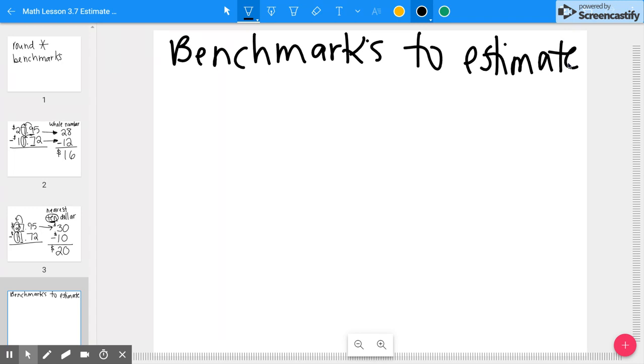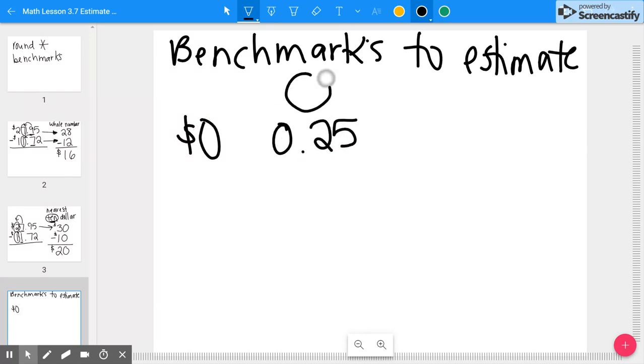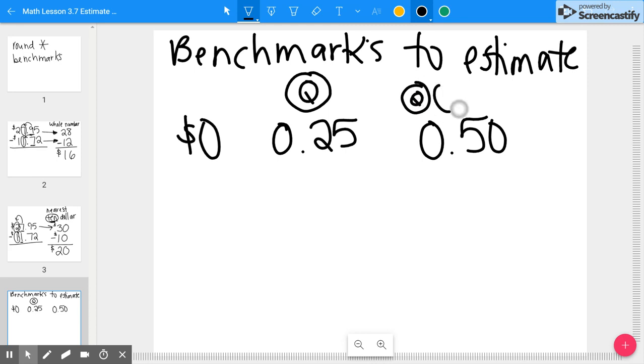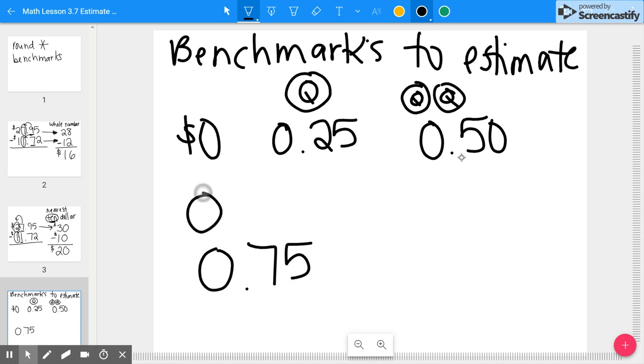I want you to think of quarters, where you can either have no money, $0, or you can have 25 cents, which would be 1 quarter. You could have 50 cents, which would be 2 quarters. You could have 75 cents, which would be 3 quarters.